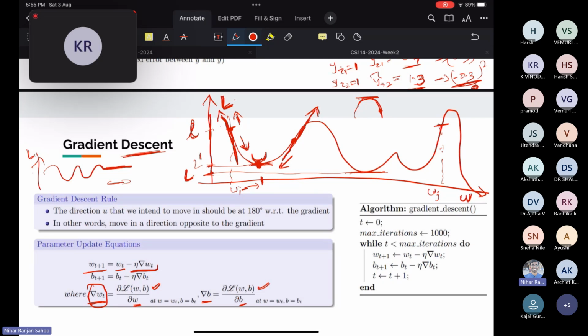We don't know if every time we will reach the optimum L. This is something called global minima. This is called local minimum. Again, this depends on the initialization W value. If we initialize here, it is easier to reach the global minimum. But if we initialize here, it's not very easy to reach the global minimum.